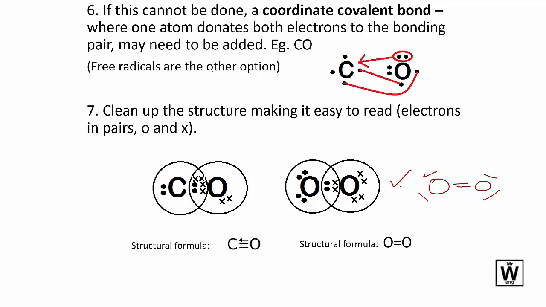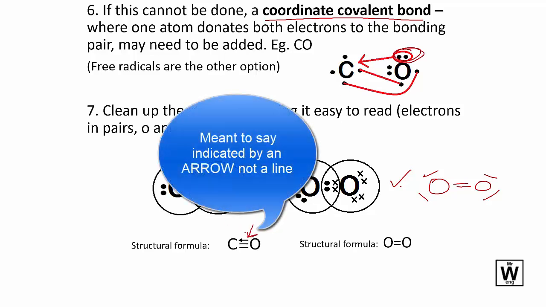Okay, so for the harder ones, if it still doesn't work out, you might want to consider a coordinate covalent bond where both the bonding pair electrons come from just one of the atoms, and we draw it in with a line. That's how we indicate a coordinate covalent bond.